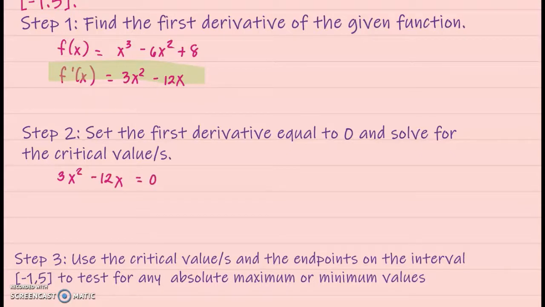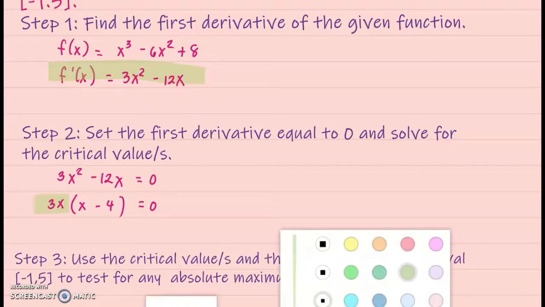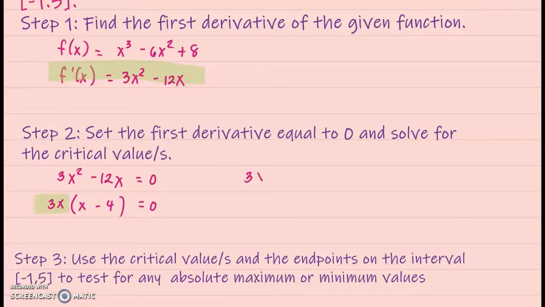Factor the left side of our equation. 3x is a common monomial factor, so we have 3x times x minus 4 equals 0. So solving for our critical values, let's take first our first factor. So 3x equals 0, so x is equal to 0.